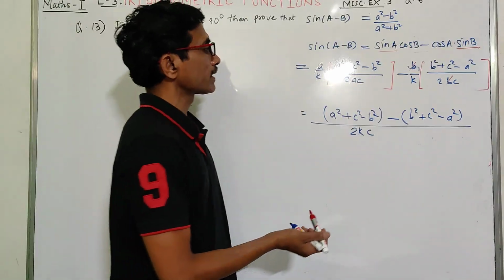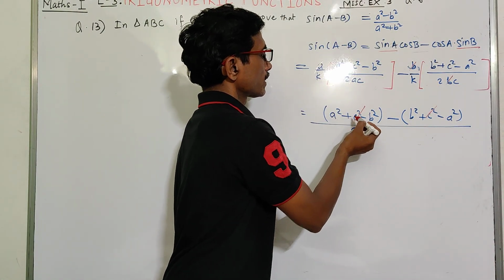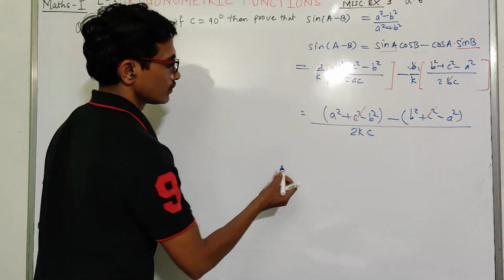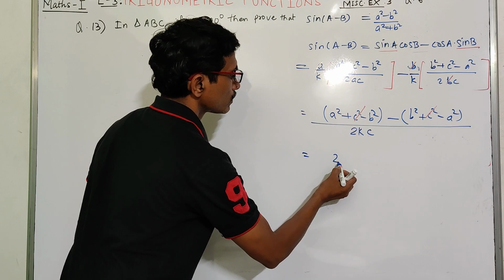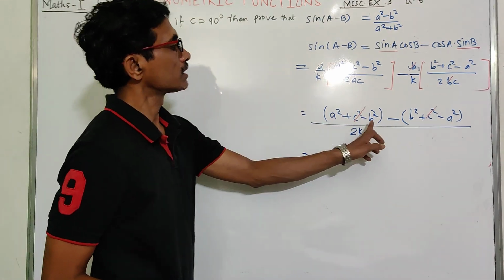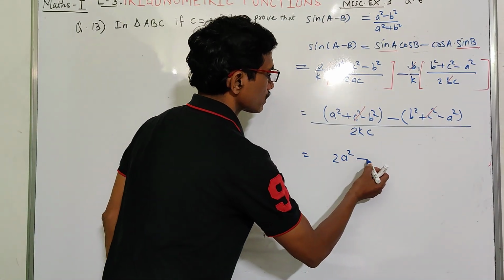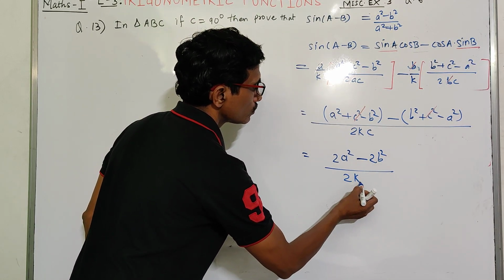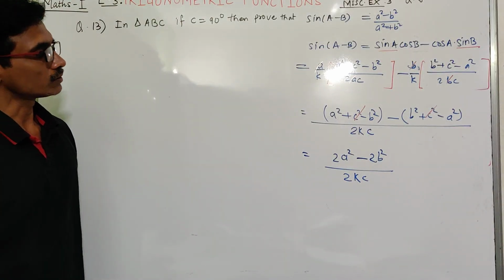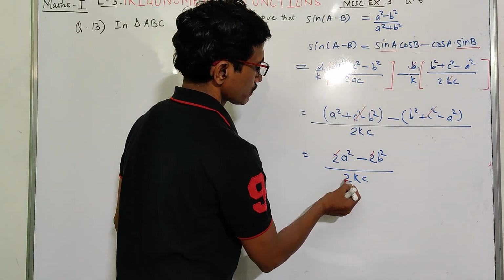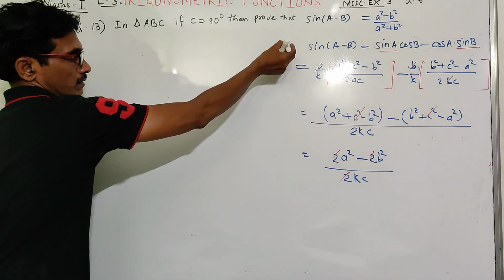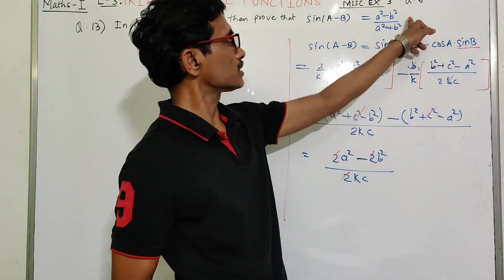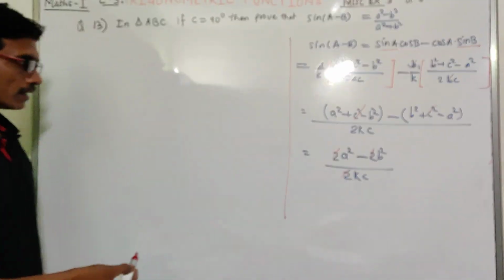Then again this c square is getting cancelled. Minus of minus is plus a square, which is 2a square, and this minus b square, 2b square upon 2k into c. Now this 2 is getting cancelled again from numerator and denominator. We want to show that it is equal to a square minus b square upon a square plus b square.